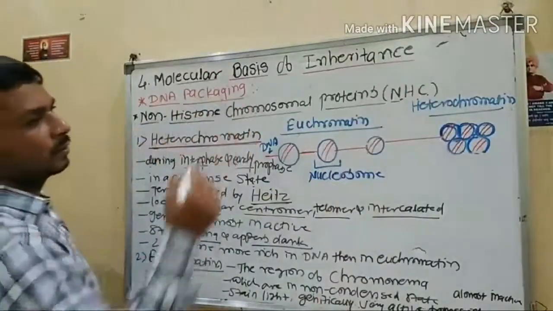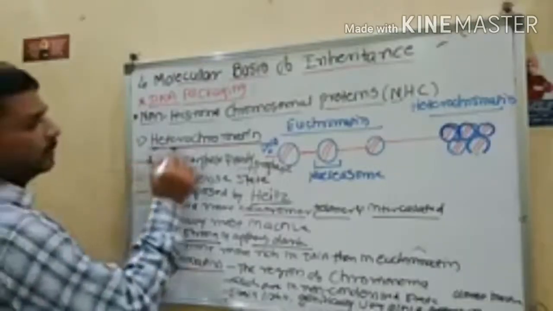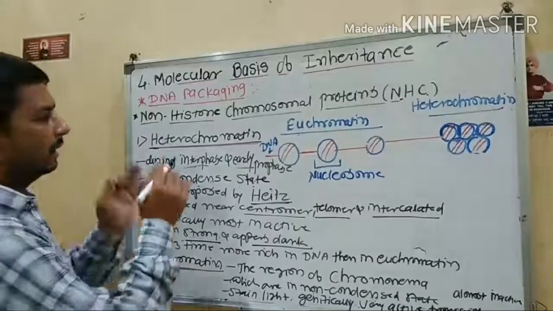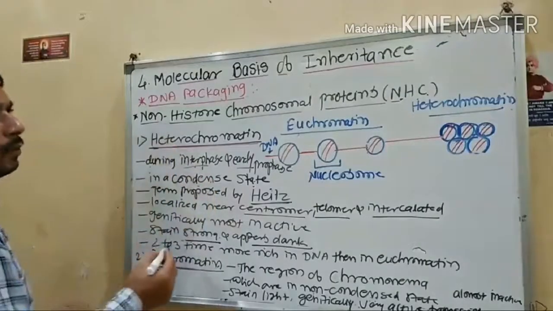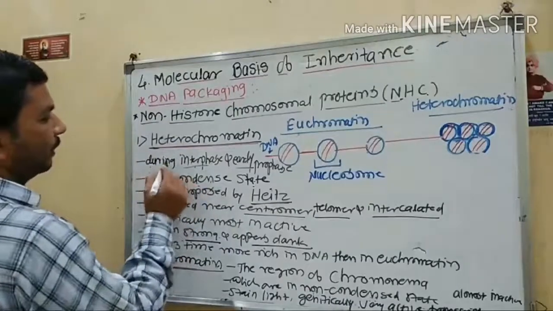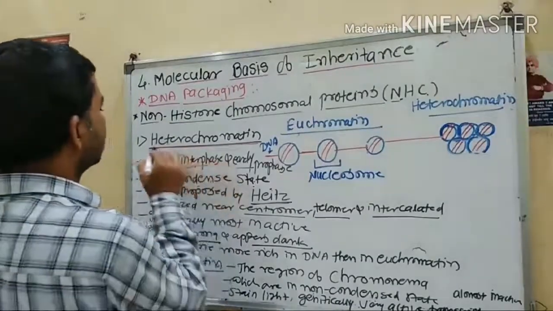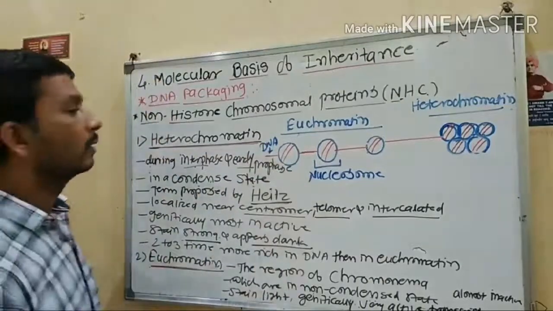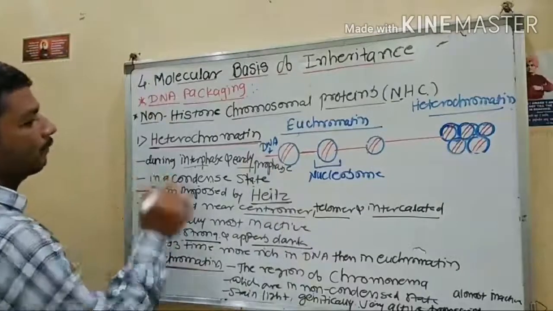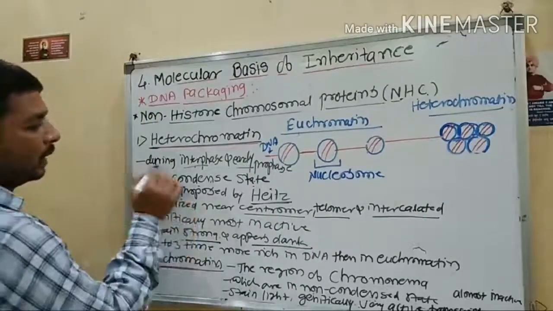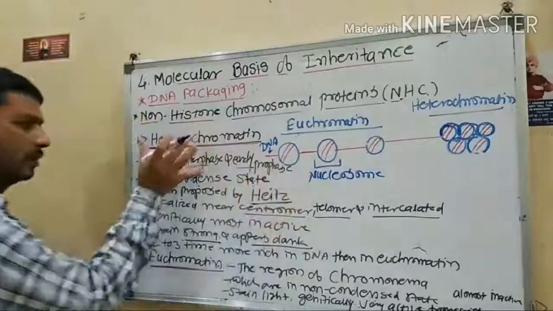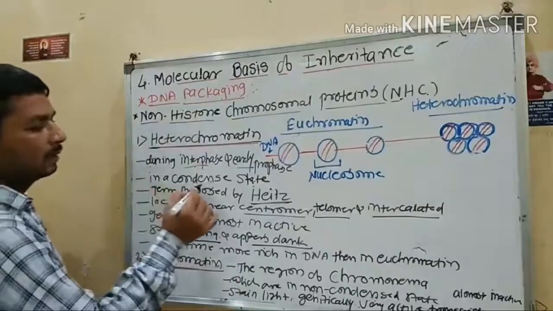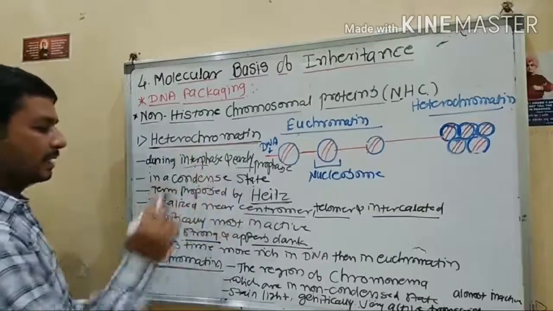This non-histone chromosomal protein has two types, heterochromatin and euchromatin. They are different from each other. How do they differ and how do they work? Look here. During interphase and early prophase, heterochromatin is observed in a condensed state.